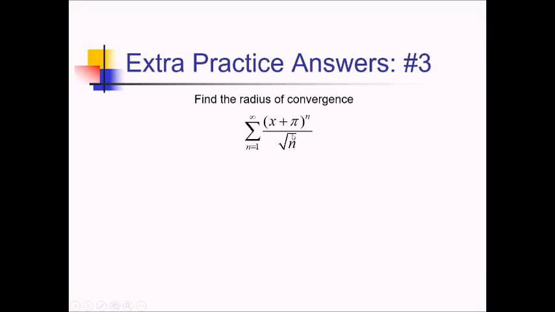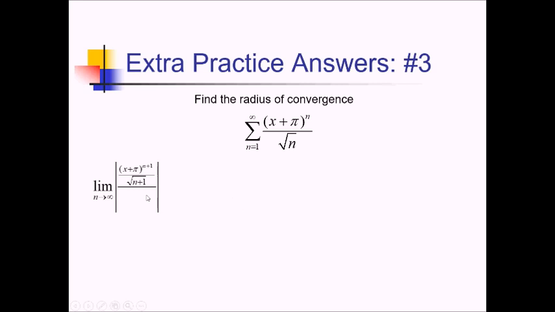To find the radius of convergence, we're going to have to use the ratio test on this because it's not a geometric series. So we need to find the nth ratio. So we have the limit as n approaches infinity of absolute value of, and now we have the n plus 1th term over the nth term. So the n plus 1th term is going to be (x plus pi) to the n plus 1, all over radical n plus 1.